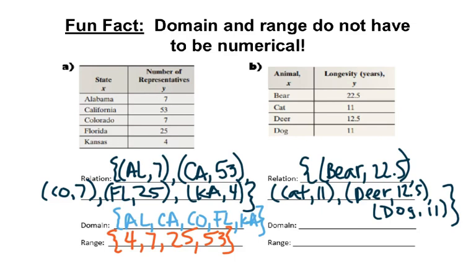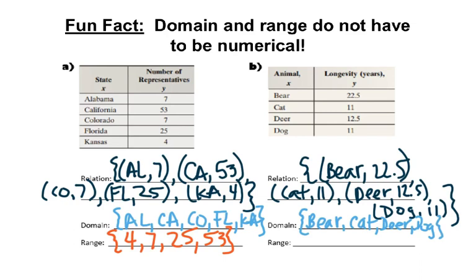Interesting. Okay, so domain, for us in this particular case, is going to be the independent variable, which is the type of animal. So bear, cat, deer, dog.